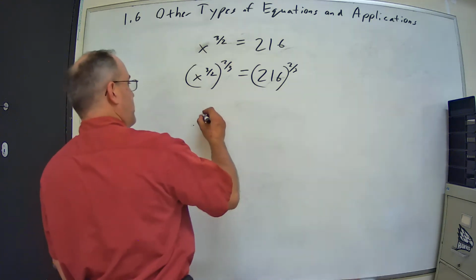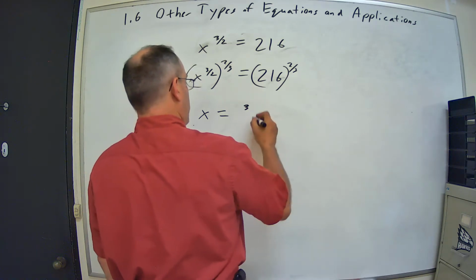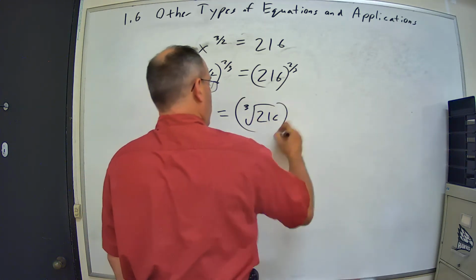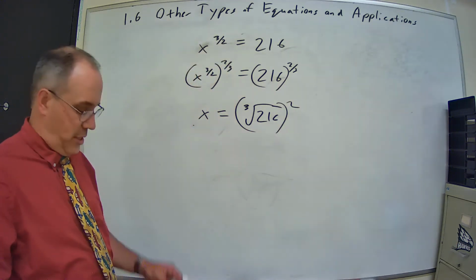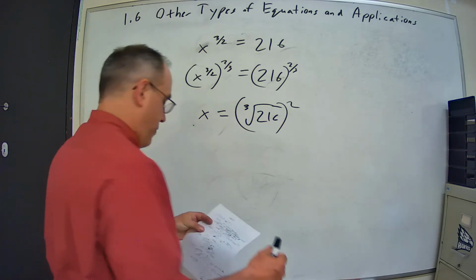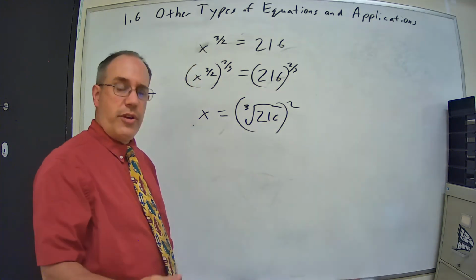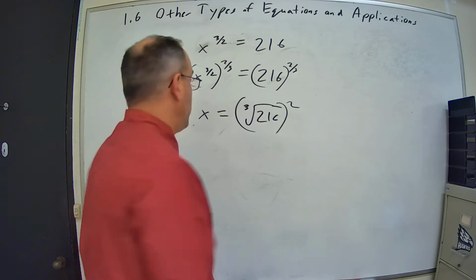So that's going to give us x is equal to the cube root of 216 squared. The cube root of 216, no idea what that is. 6 times 6 is 36. 36 times 6, believe it or not, gives us 216.